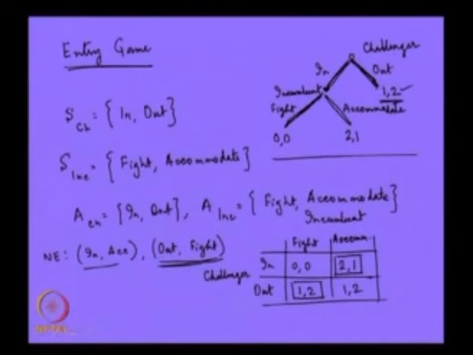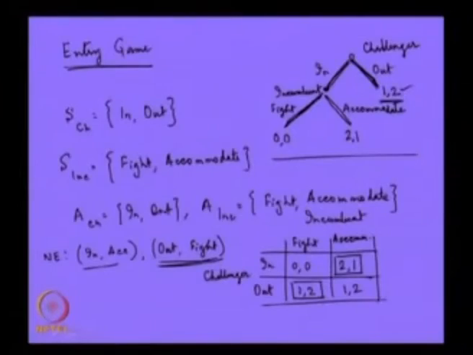Now, this is well and good, but remember the game we are having here is an extensive game where the decisions are taken one after another, and the idea that we are trying to apply is the idea of Nash equilibrium. And what is Nash equilibrium?